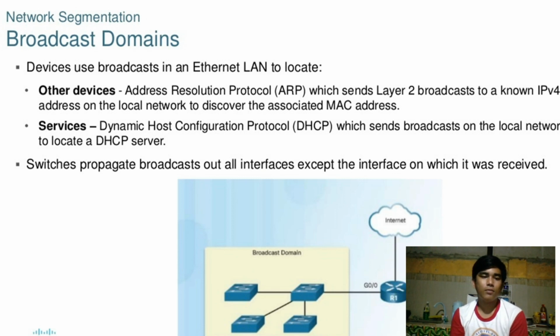For services, Dynamic Host Configuration Protocol, or DHCP, sends a broadcast on the local network to locate a DHCP server. Switches propagate broadcasts out all interfaces except the interface on which it was received. There's a picture showing an internetwork and the broadcast domain.